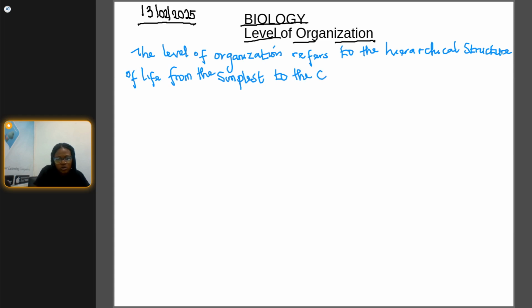So this is the definition of level of organization. It refers to the hierarchical structure of life from the simplest to the complex.